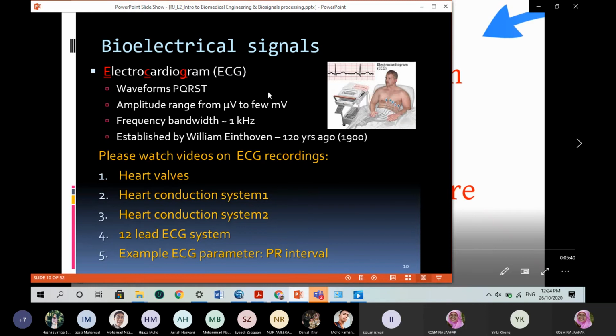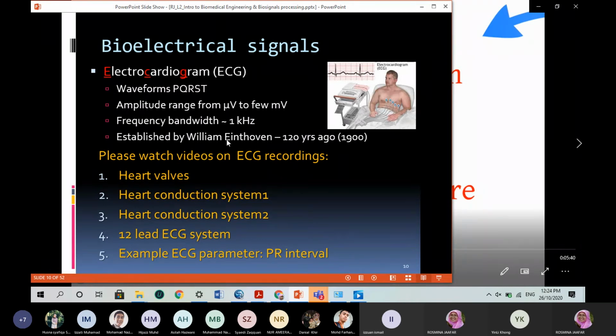For each signal, you need to at least know who is the father. ECG signals were established by William Einthoven. He discovered that our body, the heart, can generate electric signals as early as 120 years ago, in the early 1900s.